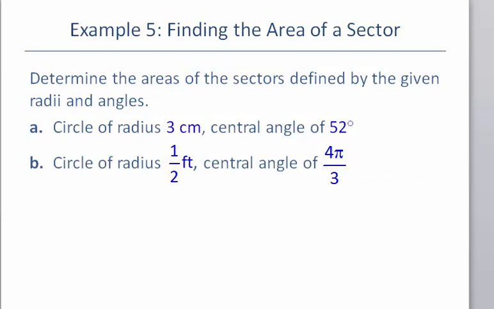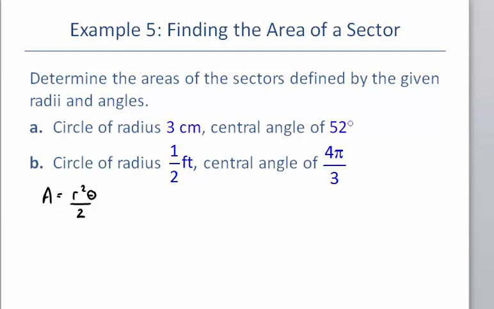All right, so let's look at an example. It says that we want to determine the area of the sector defined by the given radii and the angles. And so we're going to take our formula. Again, our formula is A is equal to r squared times theta divided by 2. And again, remember that in order to use these formulas with the applications, your angle must be in radians.